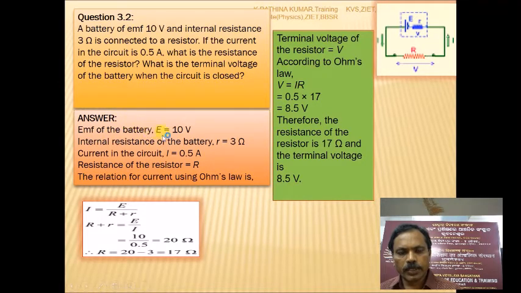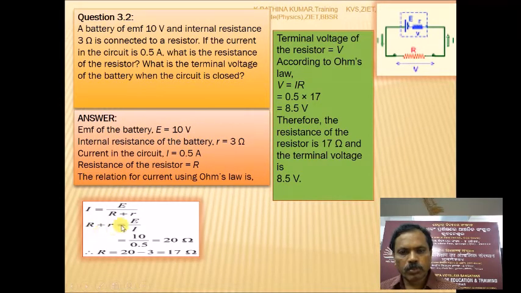EMF of the battery is given. As I told you, the given values must be taken out. 10 volt, internal resistance is given as 3 ohm, then current in the circuit is 0.5 ampere, and the resistance of the resistor is the value to be found, that is R. The relation for the current using Ohm's law is that current I is equal to EMF divided by the total resistance in the circuit, here R plus small r.